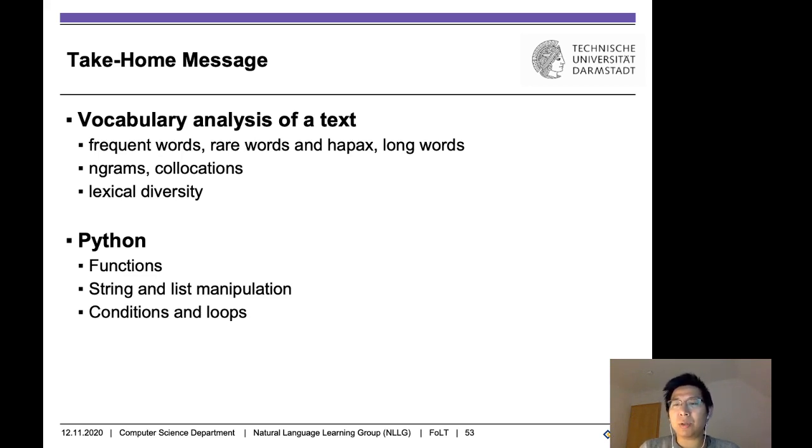And we also introduced the concept of n-grams, and we saw that bigrams can be expressed as collocations, and we also know how to measure the lexical diversity for a given corpus. About programming, we know how to define and use functions, and how to operate on strings and lists, and we know how to use and define conditions and looping.